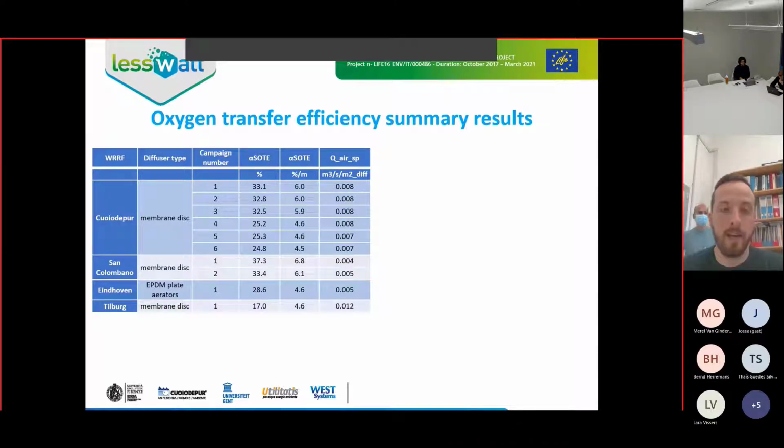Here I have reported the average values of the oxygen transfer efficiency in the different campaigns. As you can see, for example, at Coyodepur, the alpha SOTE decreases from campaign 1 to campaign 6 because the diffusers' age increases and therefore their fouling increases.